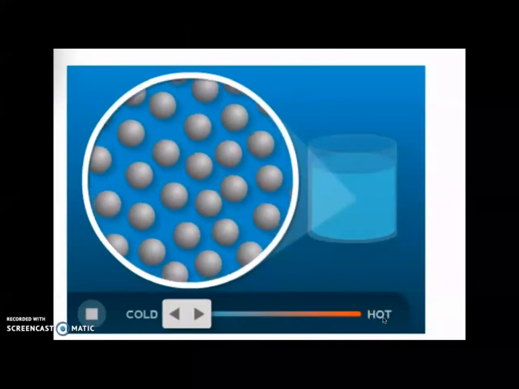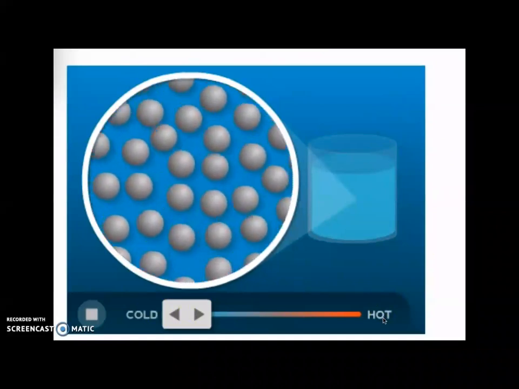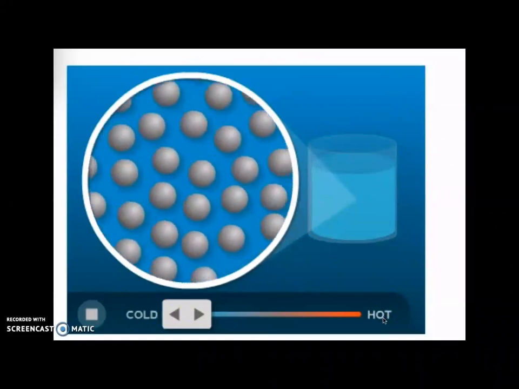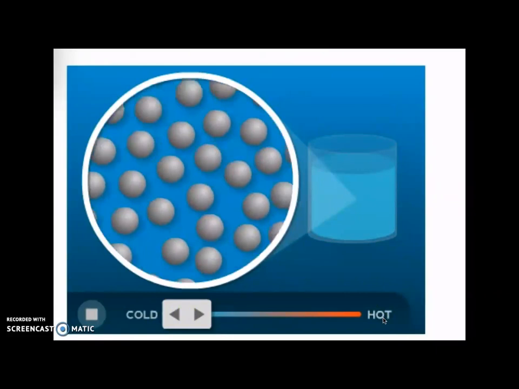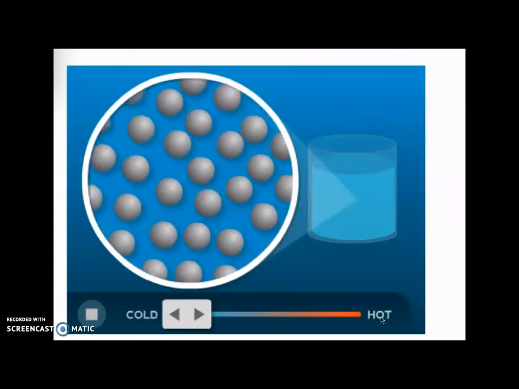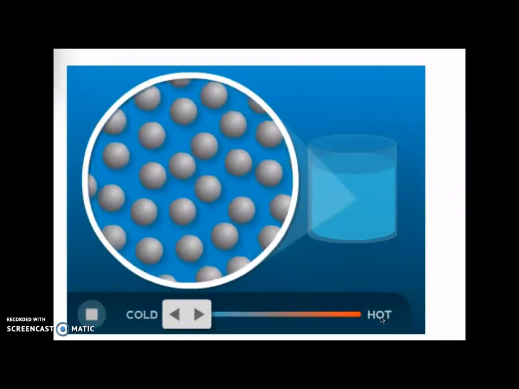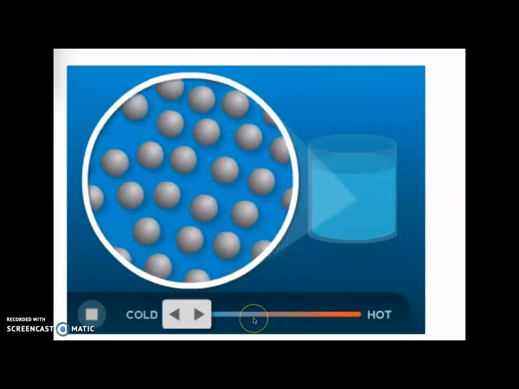Here in the cold liquid, we can see that the particles are pretty close together. They're in motion, moving and sliding past one another. But they're not moving as quickly as a gas, and they're also not in a fixed shape like a solid would be.